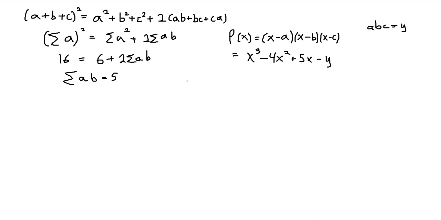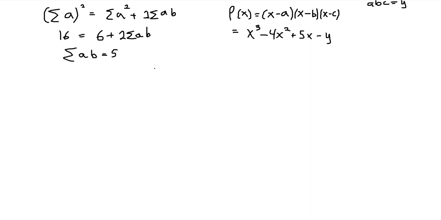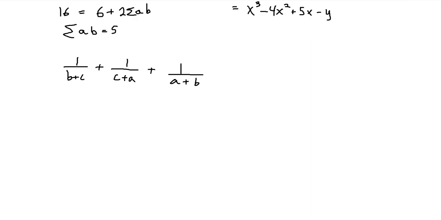And now what I want to do is construct another kind of sum that is similar to one of the equations we had before. And in particular, that is 1 over b plus c plus 1 over c plus a plus 1 over a plus b.